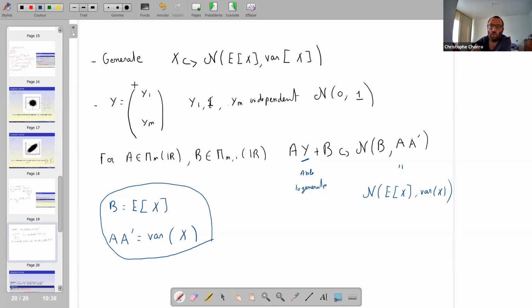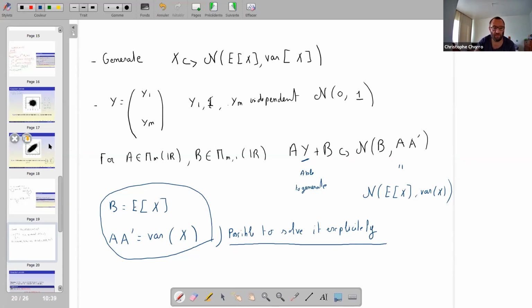It won't be the purpose of my course today, but it is possible to find such an A. It is possible to solve it explicitly, in an efficient way.